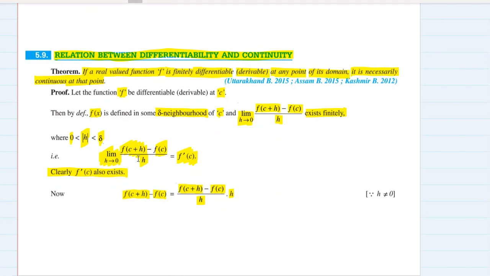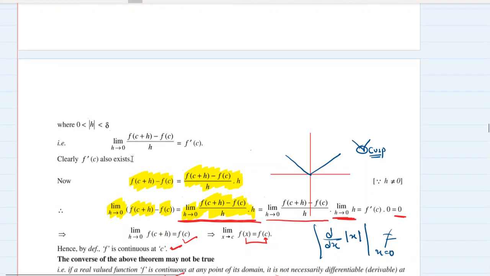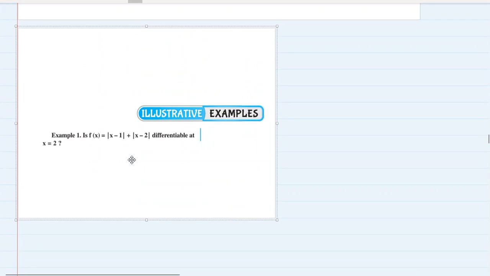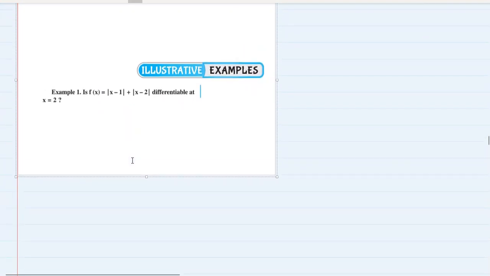Using the first principles, the differential coefficient of a function at a point C is the limit of f of c plus h minus f of c upon h when h tends to 0. Now, what was C? C was the point at which we were finding whether the function is differentiable or not.